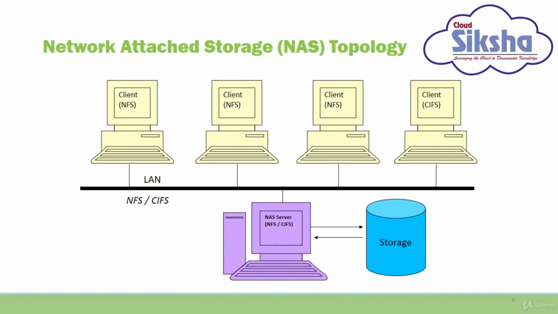Now when you mount that folder onto your system, that becomes network attached storage. So network attached storage will provide you a file interface, and that file interface you will mount as your own folder, and then you start working on it as if it is residing in your system, though actually it is residing somewhere else. So this is called network attached storage.